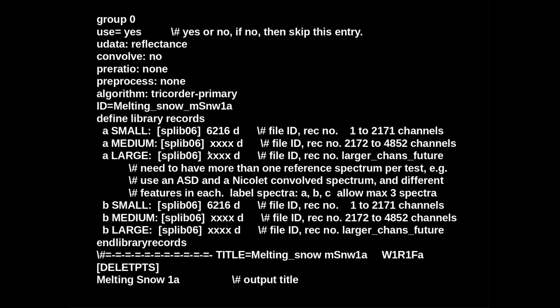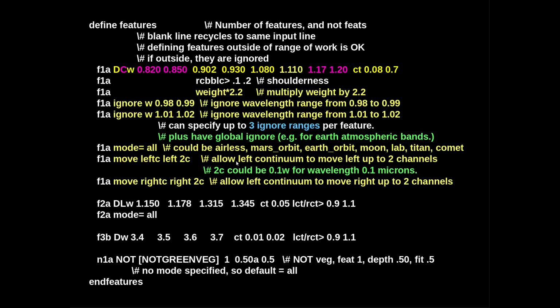Let's go down. Then we define the features. So feature 1 from reference spectrum A versus spectrum B. It's a diagnostic feature, a curved continuum, and the following parameters are in wavelength. There are 4 pairs of numbers, which are the continuum intervals.